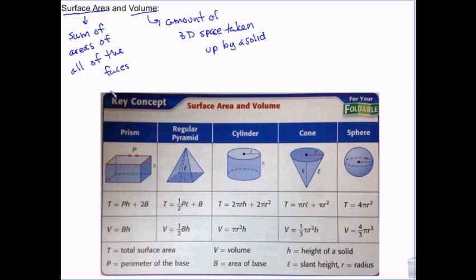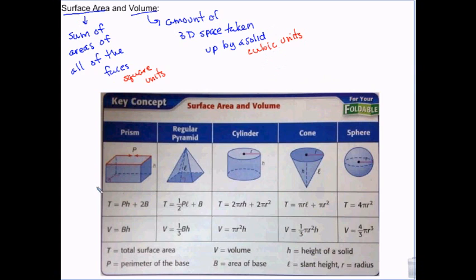Surface area is going to be in square units. Volume is going to be in cubic units. Okay, so surface area is literally the amount of squares that will fit over the whole surface of the object, and volume is the amount of cubes that would fill up the whole object.